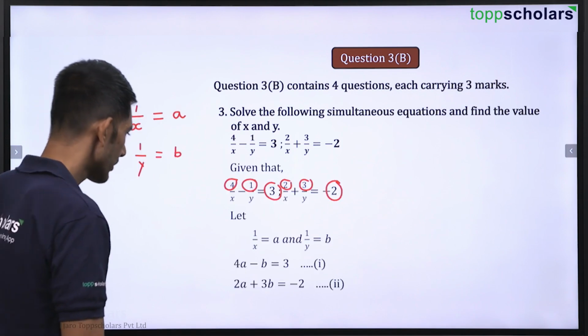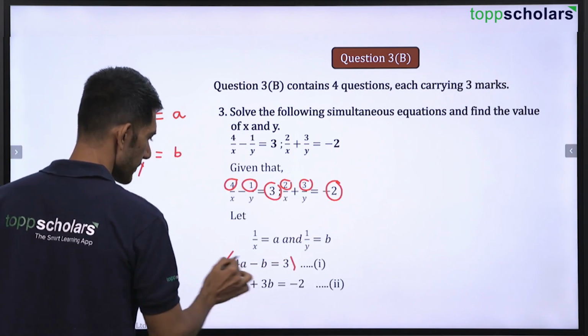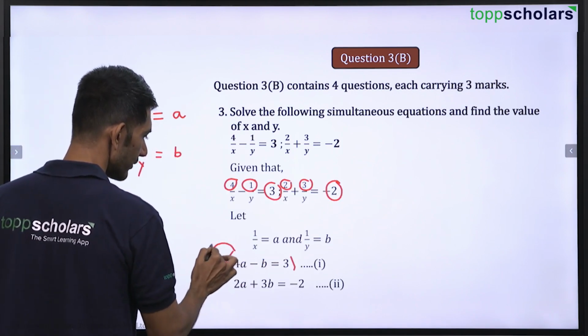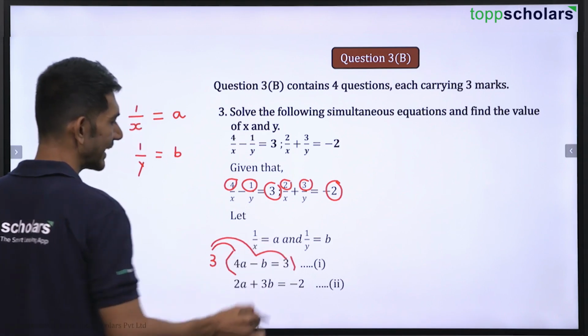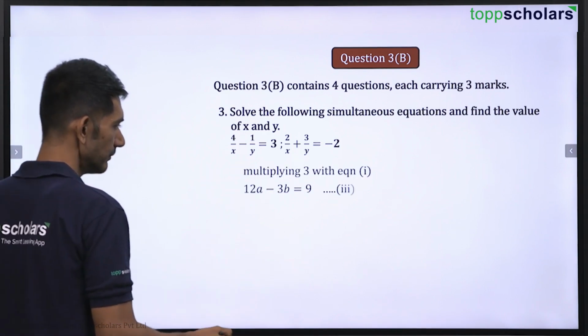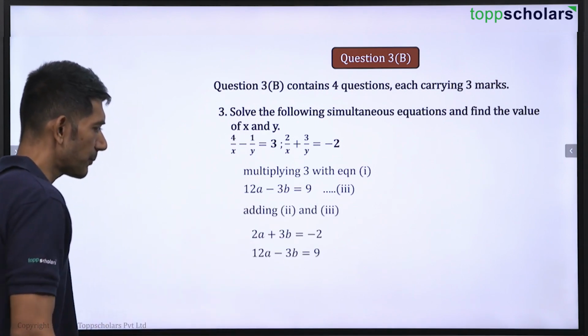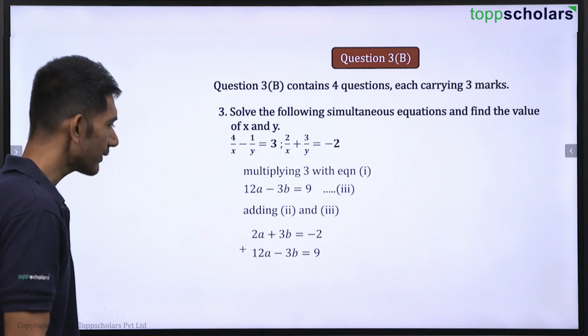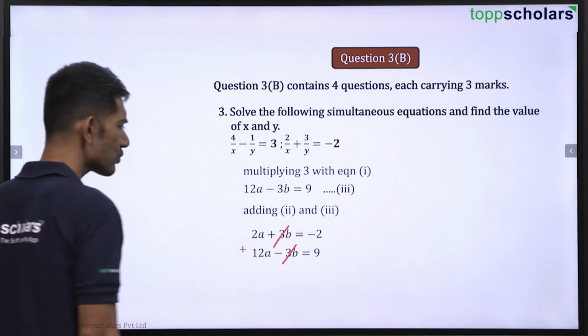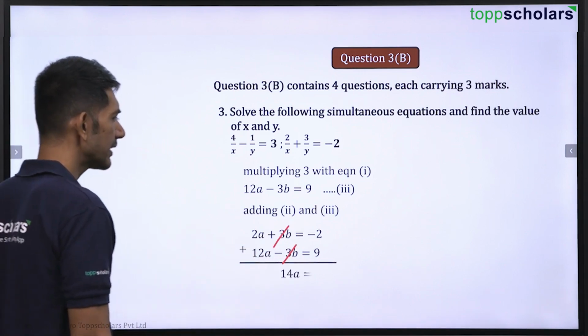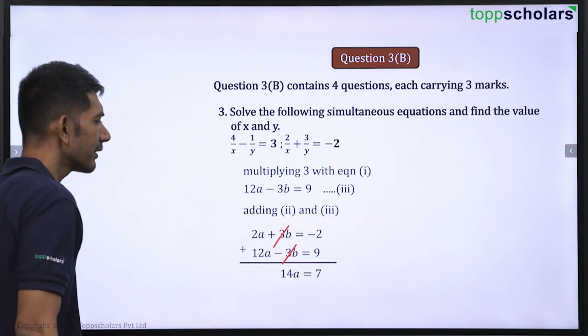How? I'm multiplying this by 3. 3 4s are 12. This is 3b and this becomes 9. And then you already have equation 2. You can add both of them now. Once you add both of them, what will happen? These two will get cancelled. And then ultimately you are going to get 14a = 7.